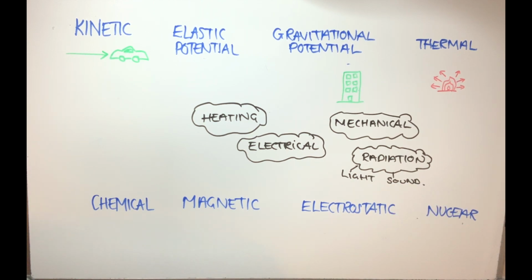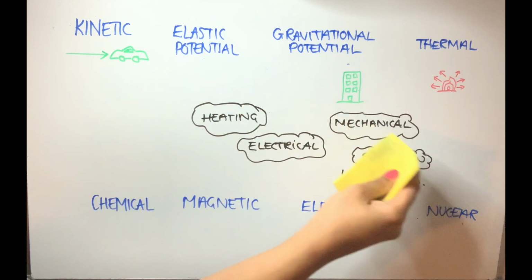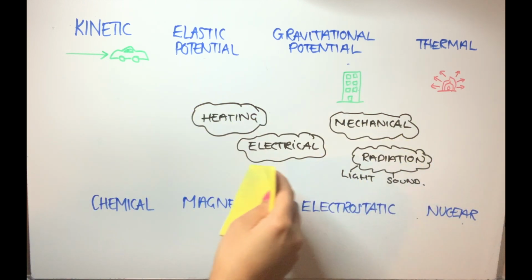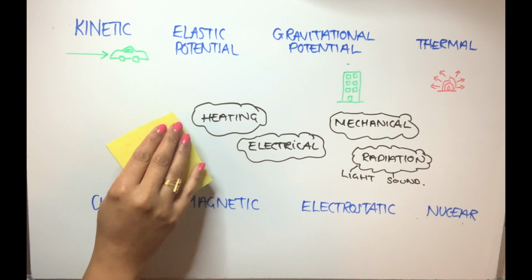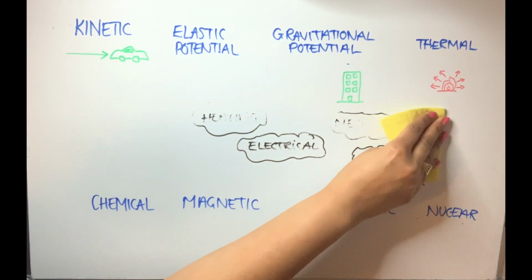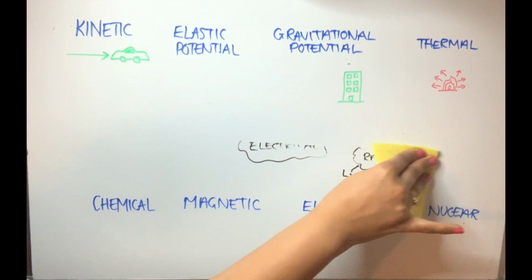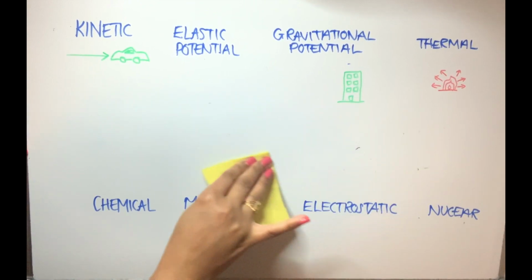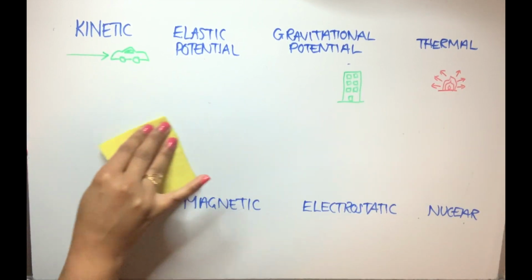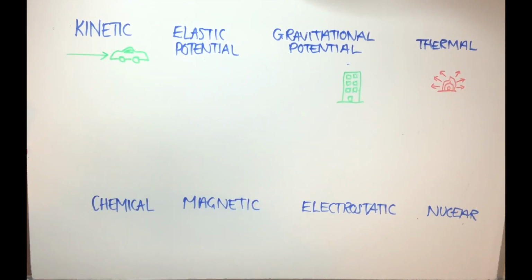If we think about this, and these are the way that energies can be transferred from one store to another, the key thing that we had to think about was that energy is not created or destroyed. It's only changed or transferred from one form to another. So however much energy you start with is how much you would end with.